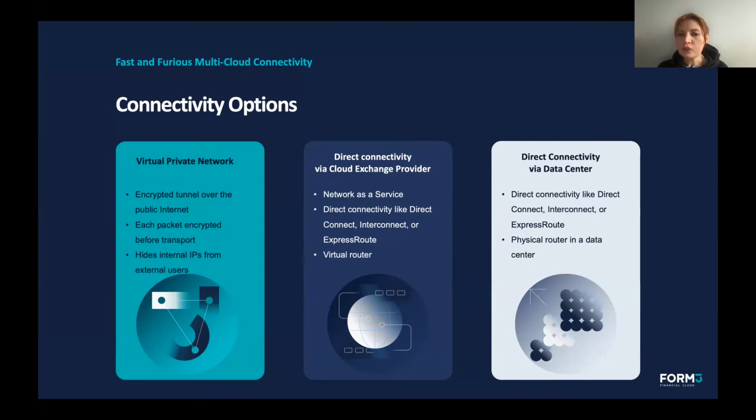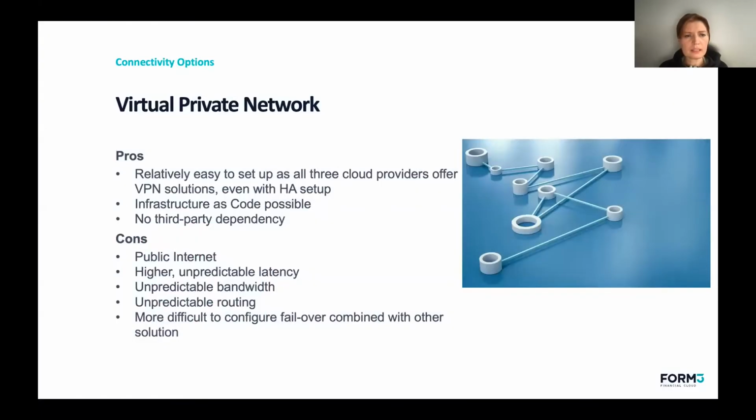But instead of a virtual router, we use a physical router in the data center. So let's dive into those three connectivity options with pros and cons for them. So basically for VPN, as I told you, it's the solution which is available out of the box for all three cloud providers, even with a high availability setup.